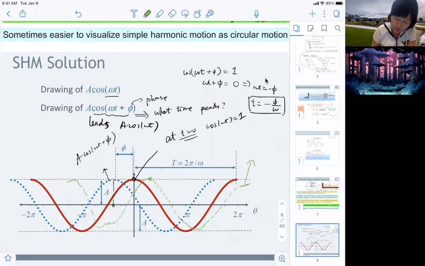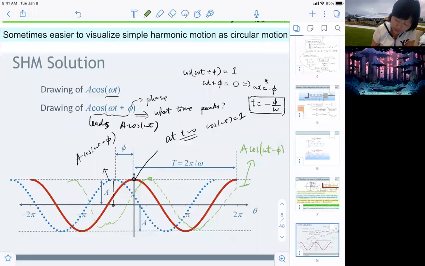The green one is A cosine omega t, and what else goes in there? It's when I take the red one and shift it to the right, instead of shifting it to the left, and I get this green wave. And how do I write the math expression for the green wave? A cosine omega t minus phi.